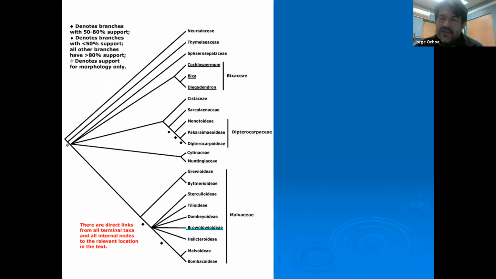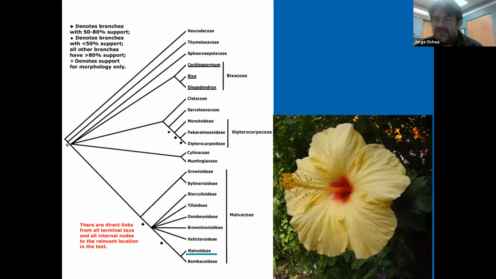And Brownlowioideae is kind of obscure. We have Helicteroideae, which is also obscure, so you're probably not going to encounter them. Then if we look at the more common individuals, we have Malvoideae, the mallow, represented by the common hibiscus, of which we'll see many hybrids and many representatives.